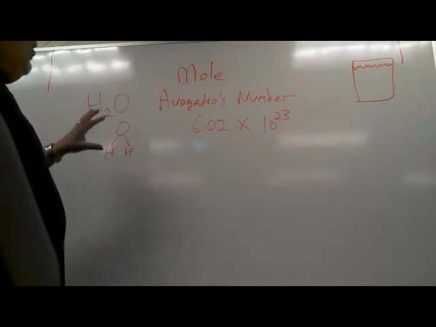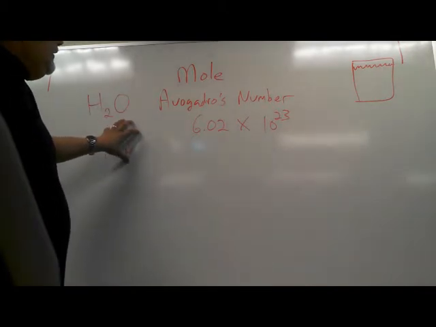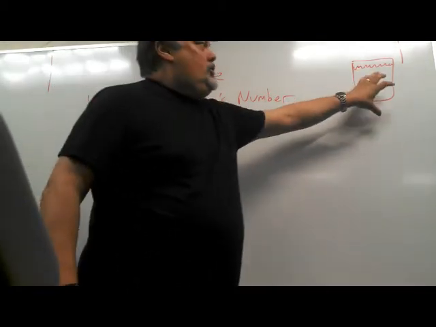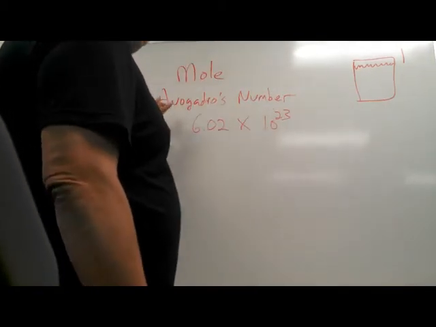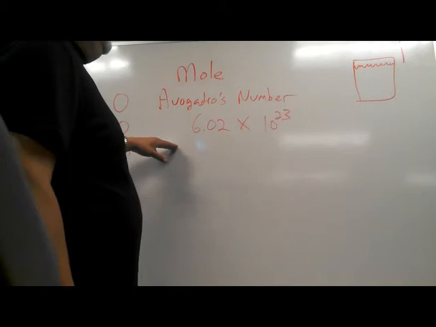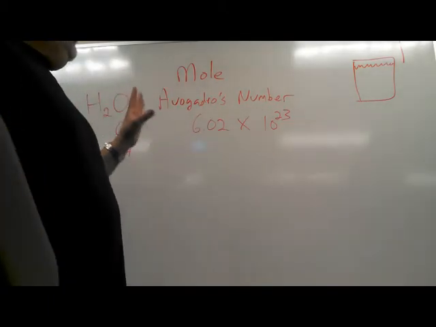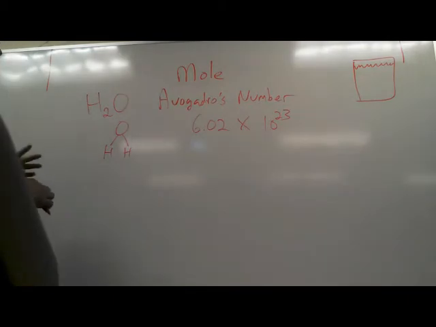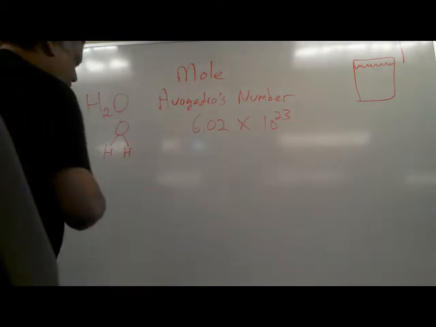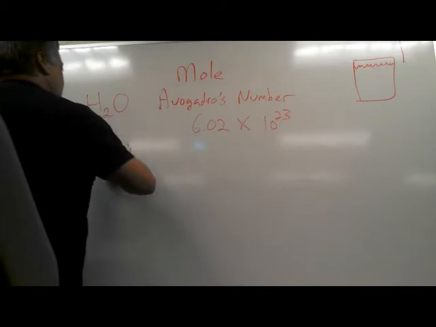So we're talking really small units in very large quantities. So we had to have a way to understand those large quantities, and we use Avogadro's number to help facilitate that.